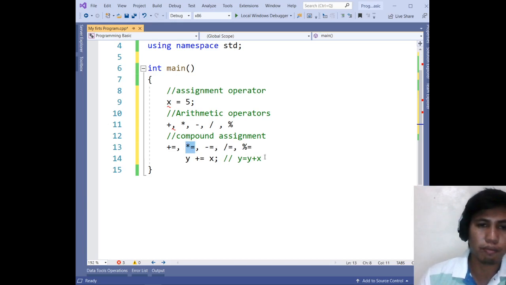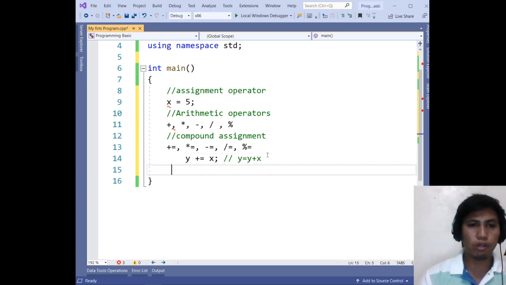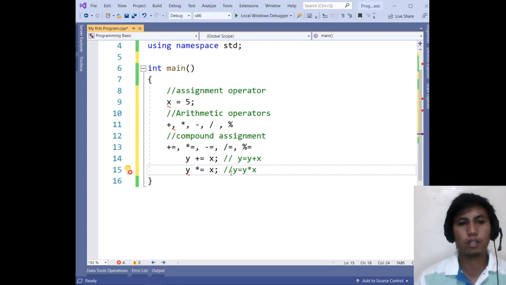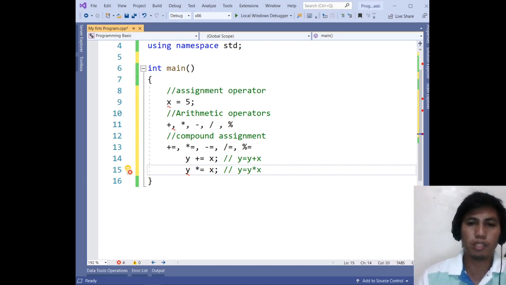So for multiplication, the same. So y times equals x means y equals y times x. So yan po ang ibig sabihin niya.